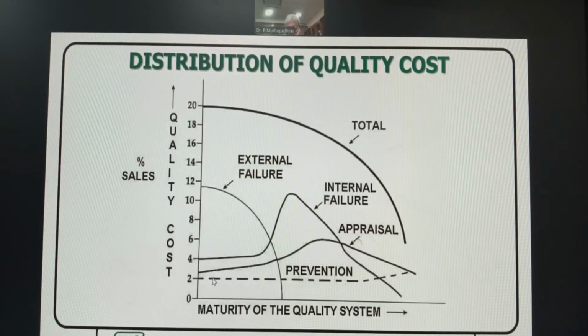But ultimately, it is the prevention cost, which I told you about. Increasing prevention cost is much better for reducing the total cost. The major role is to increase the prevention cost. But there is a threshold limit. Beyond that it is not possible.